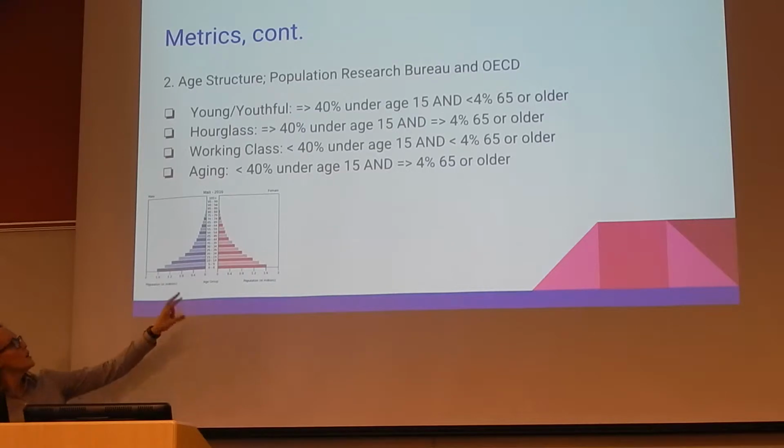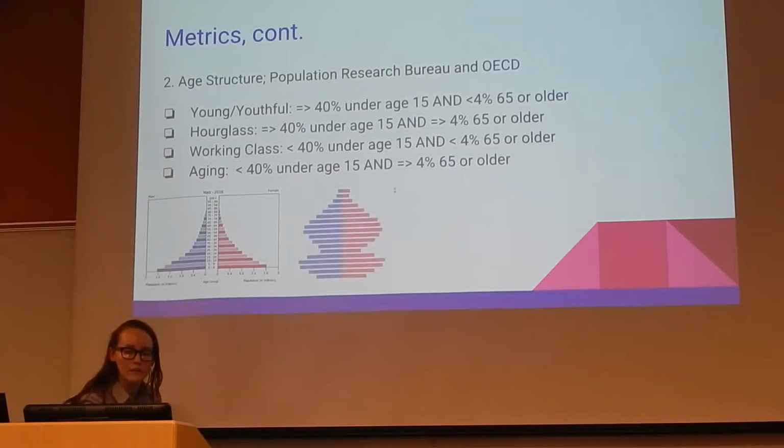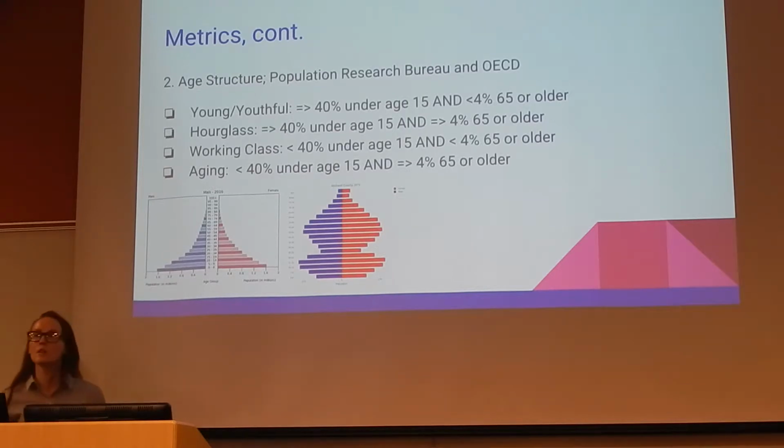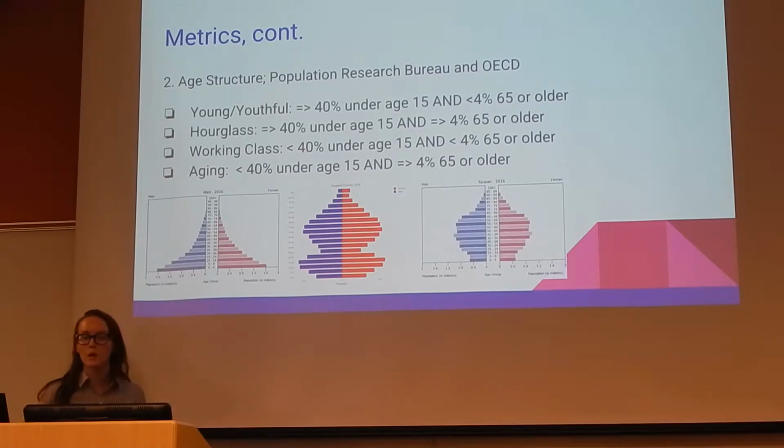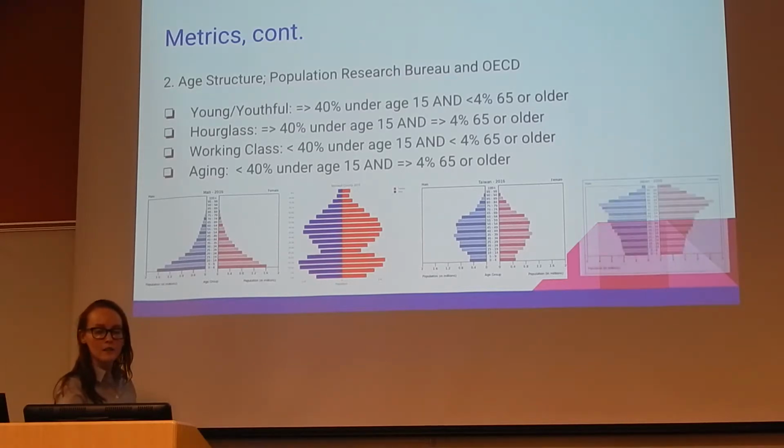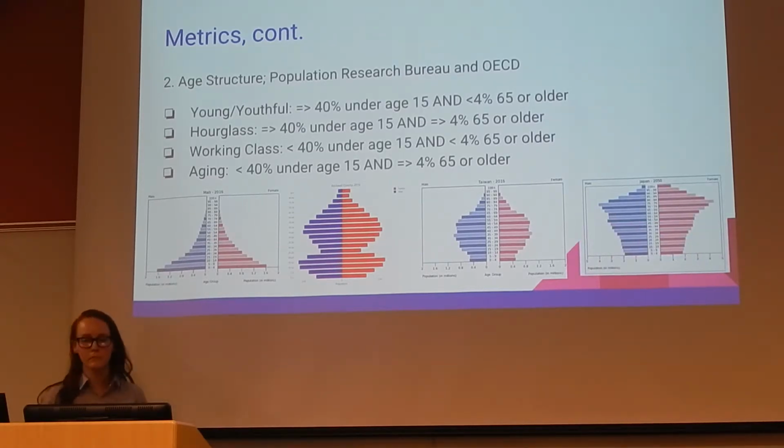You can see most of them are in the younger ages, so we're talking under 15. This is hourglass, so it looks like an hourglass. You can see we have a lot of youthful population. We also have a very significant aging population, not much in between. This is working class. Most of the population is between age 15 and age 65. And then aging, obviously most of the population is 65 or older.